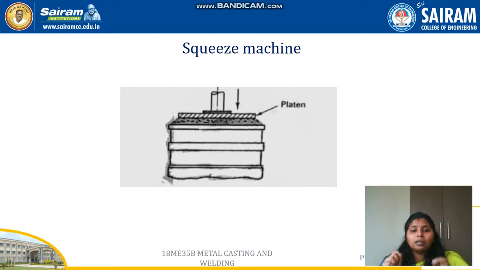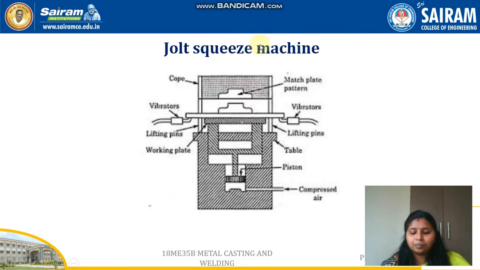The diaphragm is brought in contact with the molding box and squeezed with the help of the pneumatic piston. The squeezing action makes the sand get tightly packed. Unlike the jolt machine, the ramming here is uniform in both the upper part and lower part of the molding box. So this is about the squeeze machine.